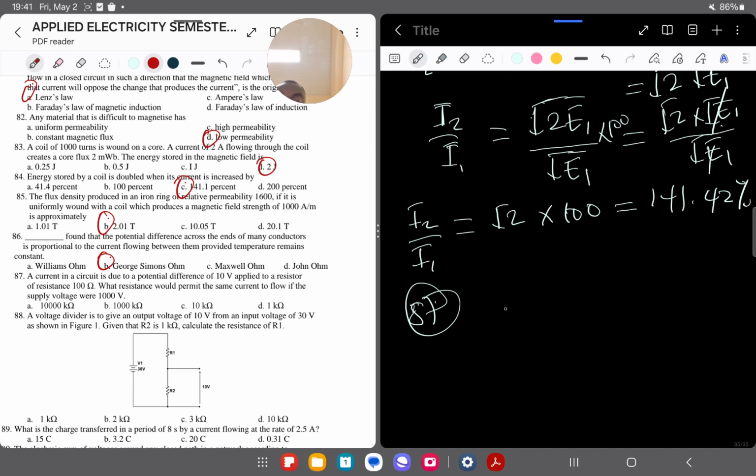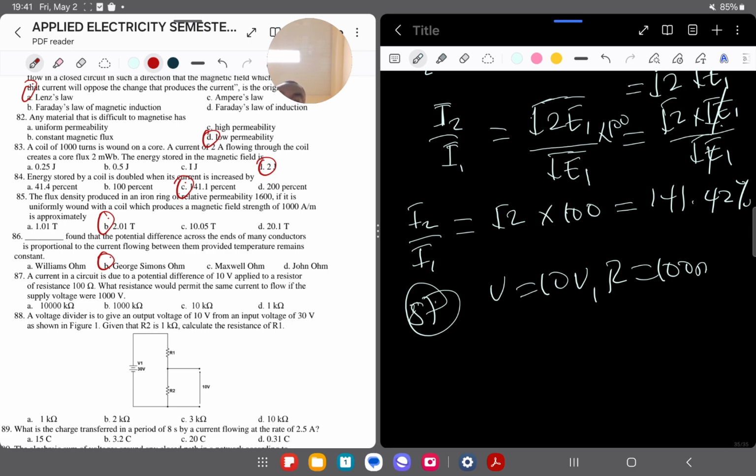So let's start with the voltage here, 10 volts. Then the resistance R is 100 ohms. What resistance will permit the same current to flow if the supply voltage were 1000 volts?